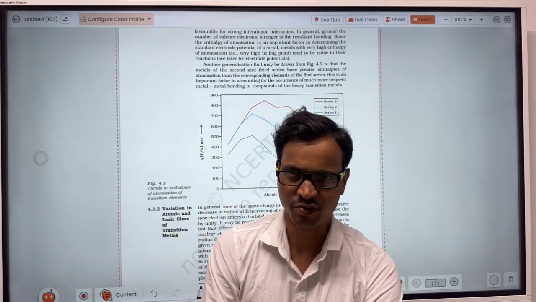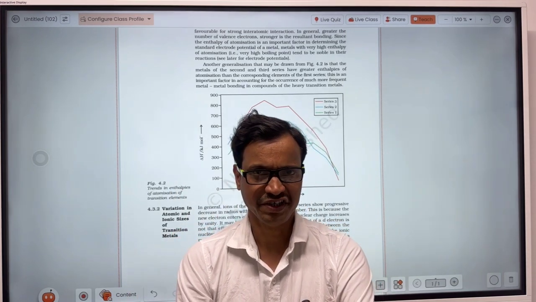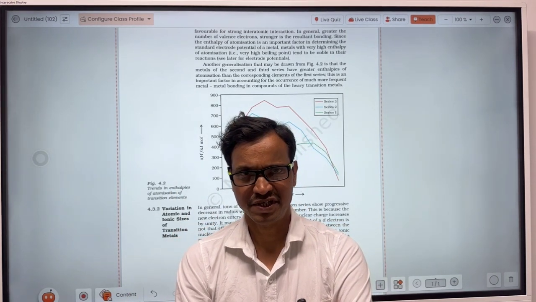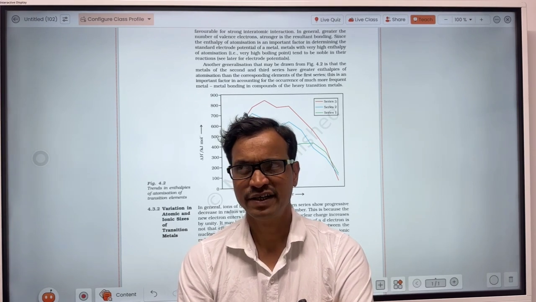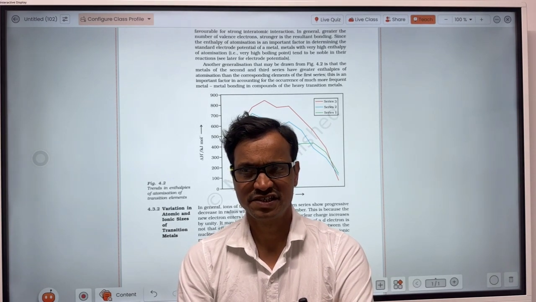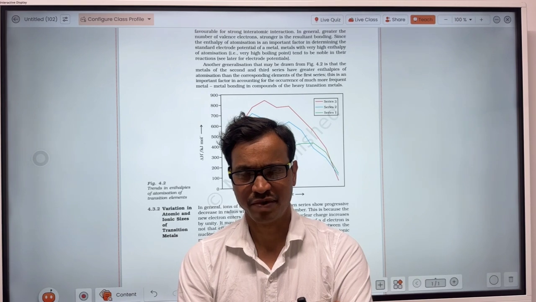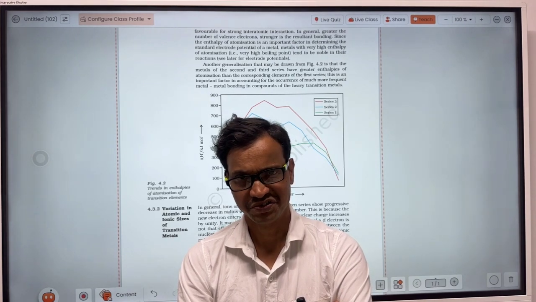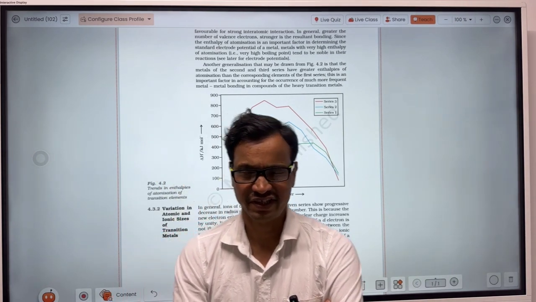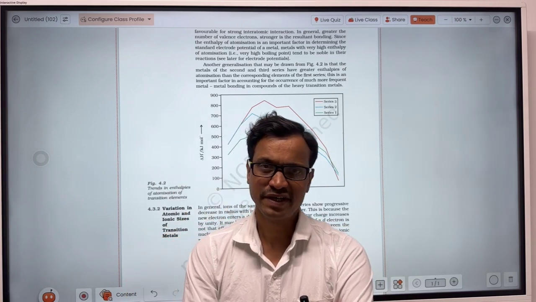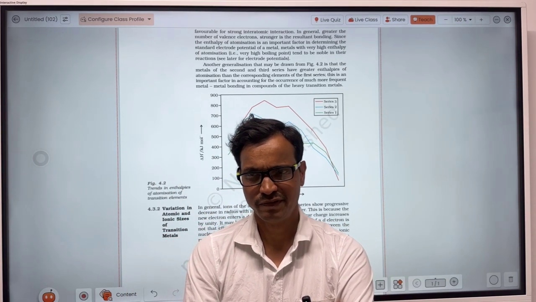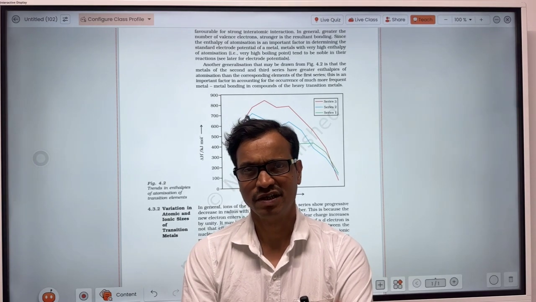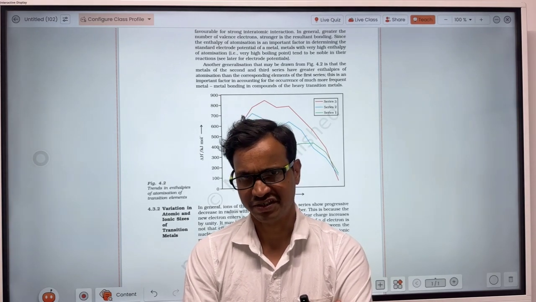And in case of melting point, what happens? In solids, the distance between the constituent particles is less, and in liquid, the distance between the constituent particles is more. So when we consider the melting point, then also we have to consider the strength of metallic bonding.